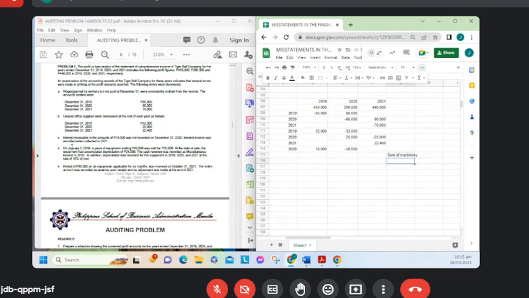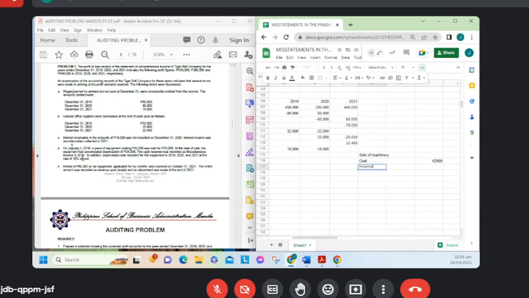So, ang sabi dito, the machinery has a cost of 42,000. Okay? Then, it was sold for 25,000 with an accumulated depreciation of 24,000 at the date of sale.